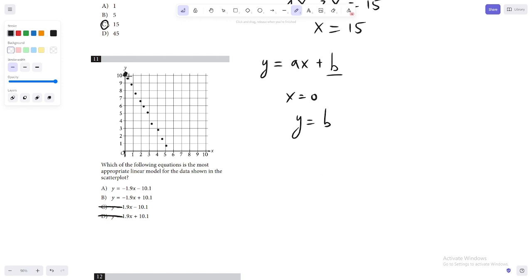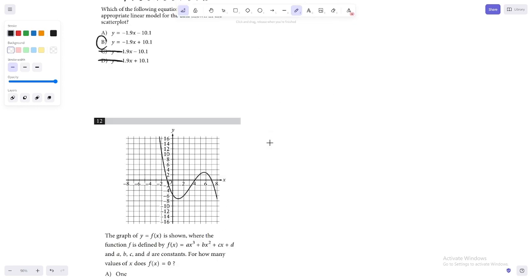So b is the value you get when x is equal to 0. And as you can see from the graph, it's somewhere above 10 and it's positive. So the correct option is the option B, y equal to minus 1.9x plus 10.1.